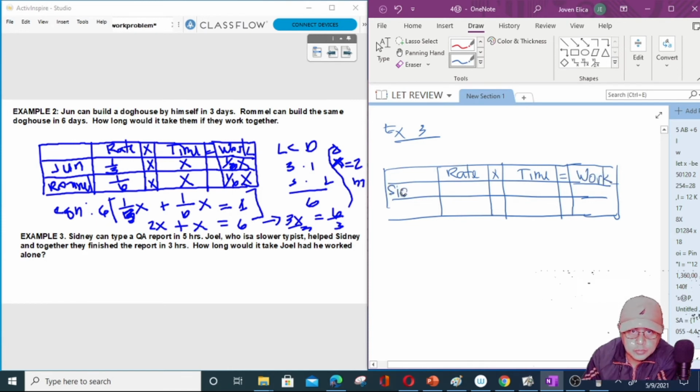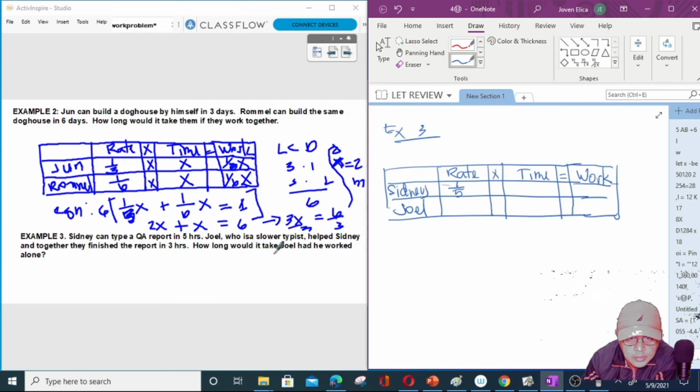Here it involves 2 persons, Sydney and Joel. What is the rate of Sydney? 5 hours. So again, to get the rate of Sydney, just get the reciprocal of 5. So this is 1 over 5.